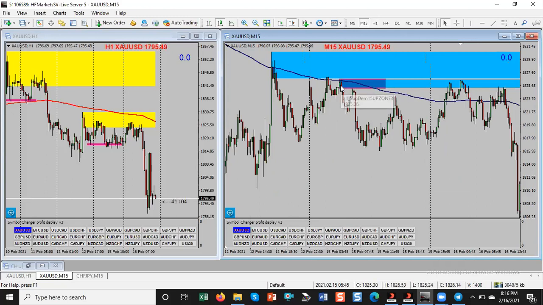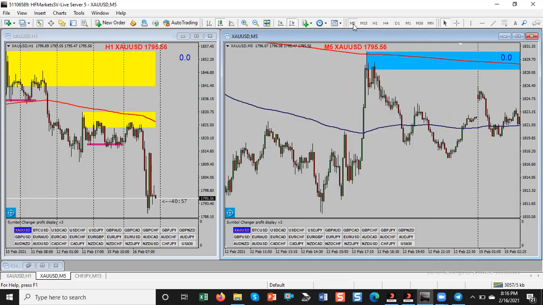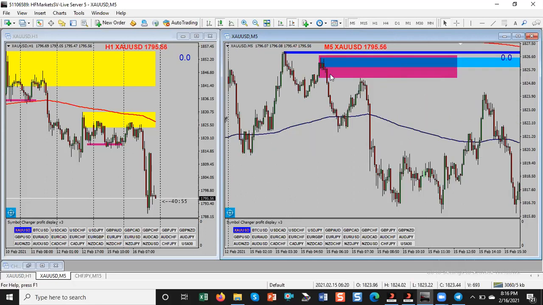So when you do that, also come to where our entry time frame is, 5 minutes. Go to the 5 minutes time frame. And in the 5 minutes time frame, this is what you will have, this other block here.